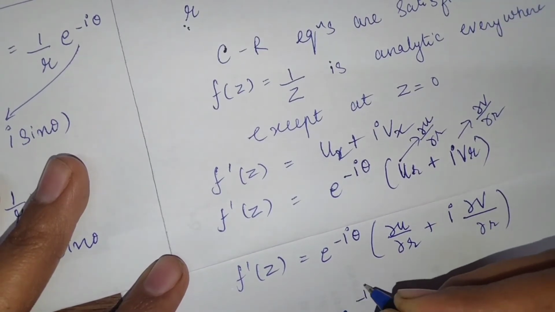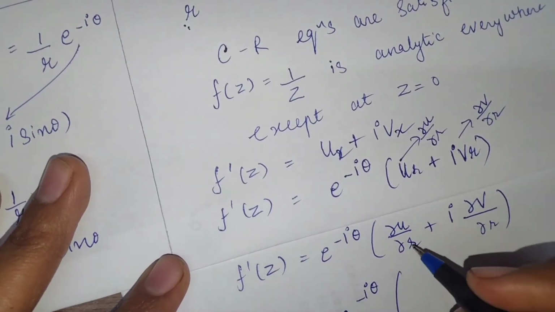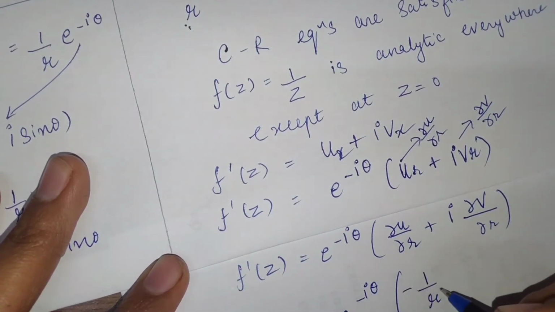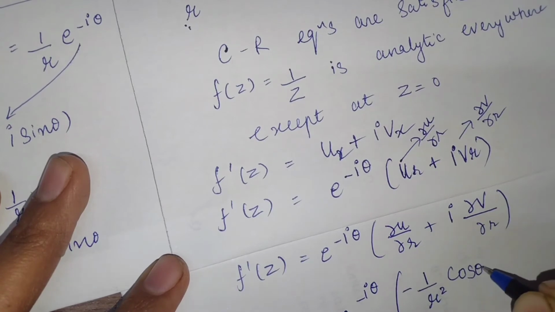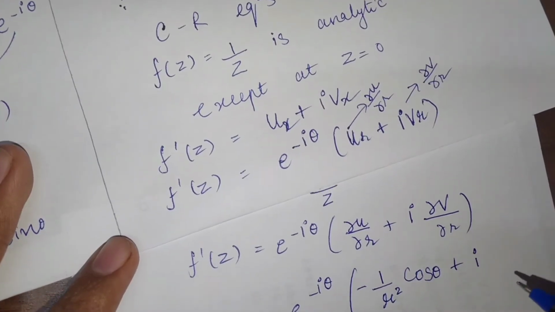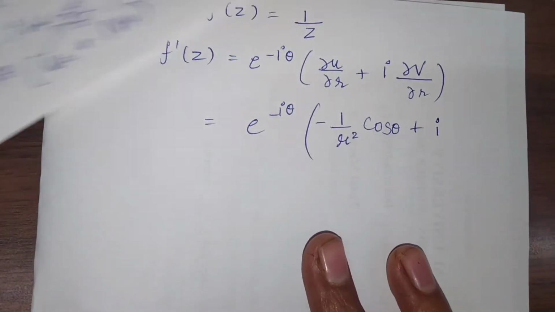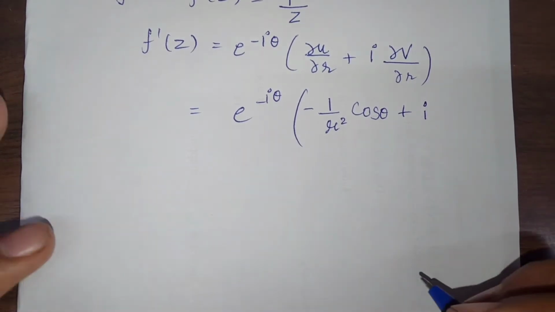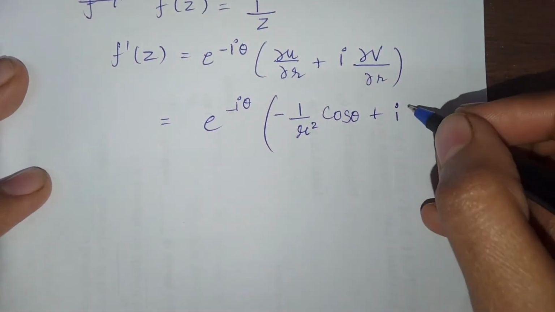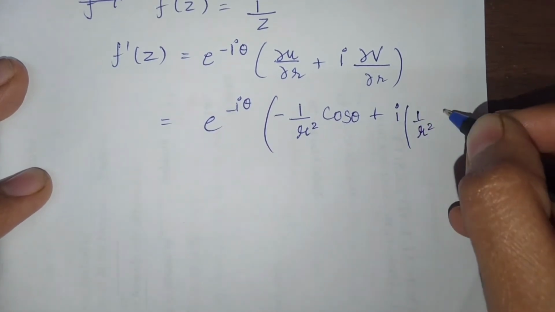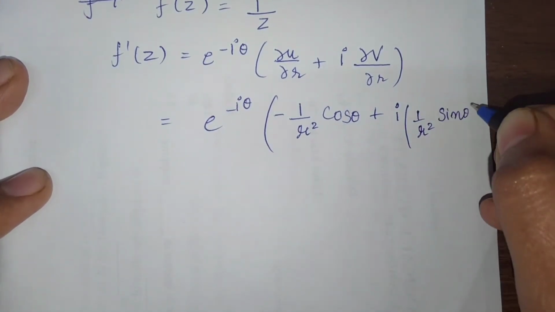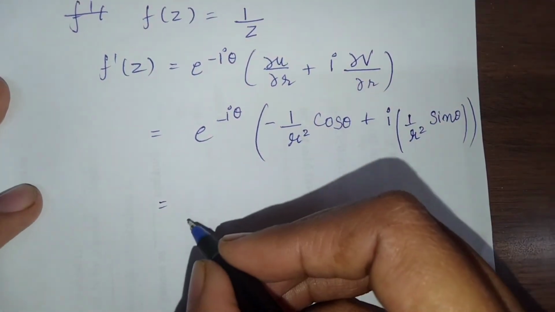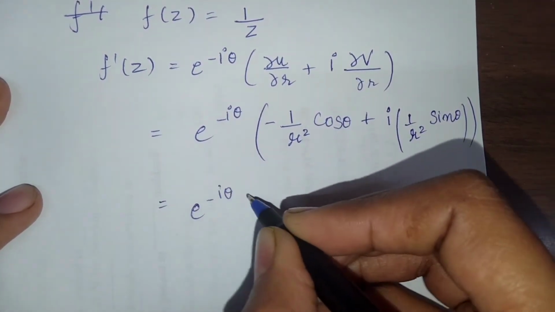So substituting the values here, what is the value of del u by del r? Minus 1 by r square cos theta, plus I into, what is the value of del v by del r? 1 by r square into sin theta. Okay? Now solving it further, we can write e raised to minus I theta.